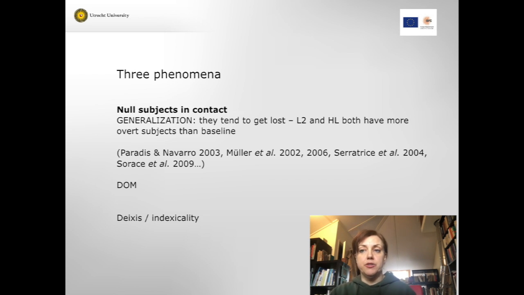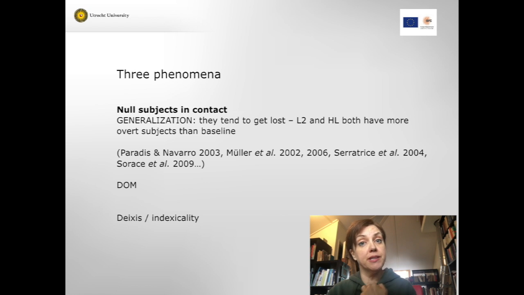What is reported in the literature? For null subjects in contact, the generalization is rather clear. They tend to disappear. So both L2 learners and heritage speakers tend to use fewer null subjects than the corresponding monolingual speakers of null subject languages. This has been reported over and over again for Spanish in contact with English, for many varieties.